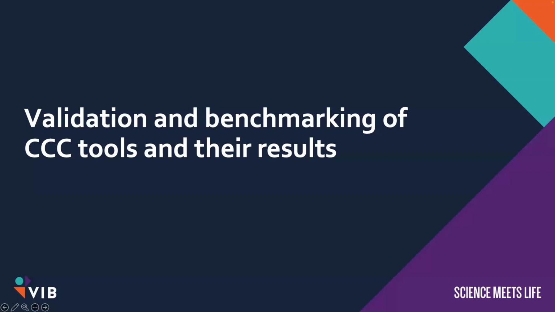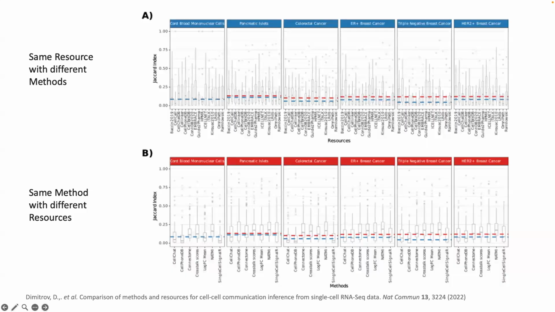But in the case of cell-cell communication, we don't have sufficient ground truth data yet to do a really comprehensive benchmarking. Nevertheless, you can try to compare the output of different tools. This is the Liana paper, where they did just a comparison of the output of the different tools, right?